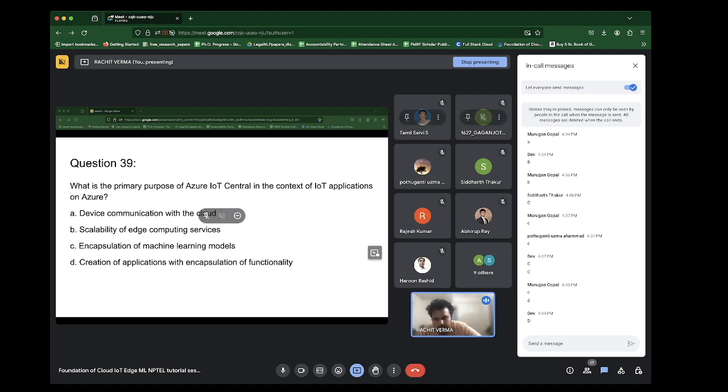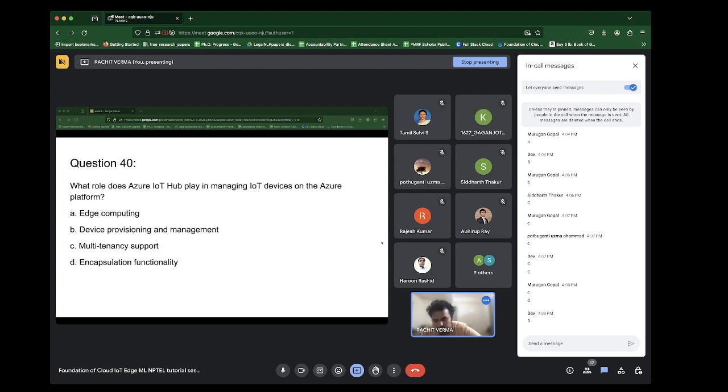So, encapsulation of functionality. Now, what role does Azure IoT Hub play in managing IoT devices on the Azure platform? Is it edge computing, device provisioning and management, multi-tenancy support, or encapsulation of functionality? Any responses?